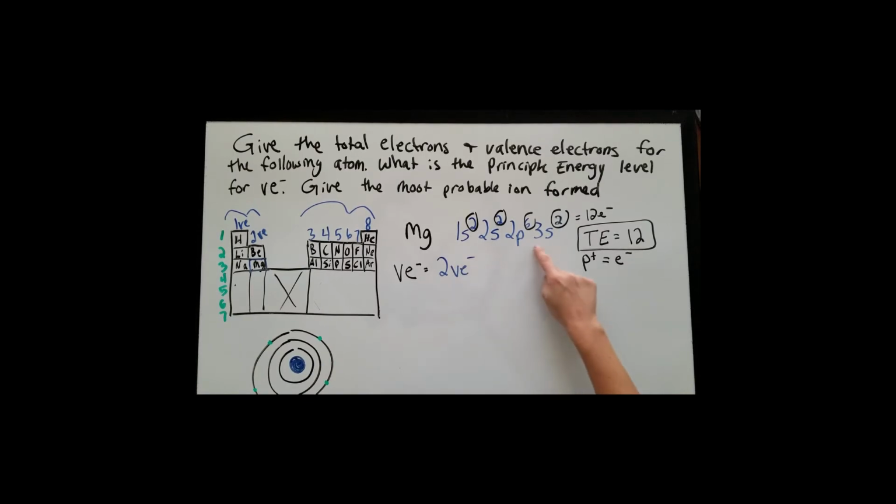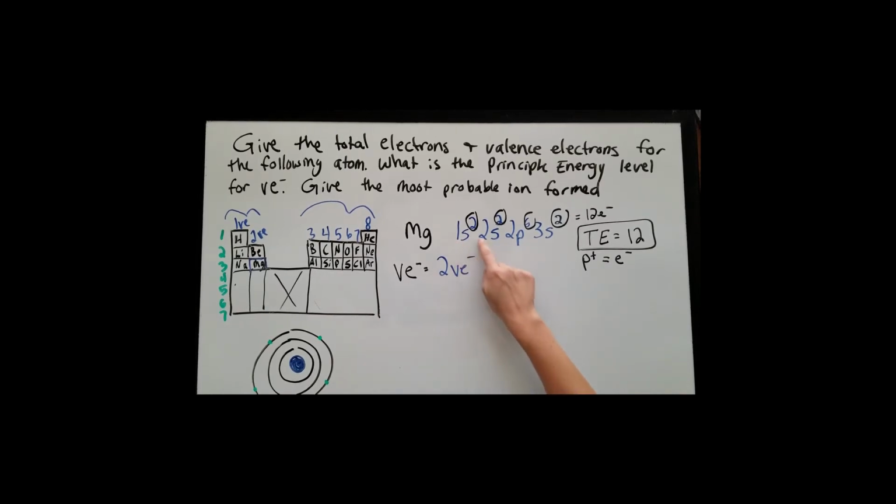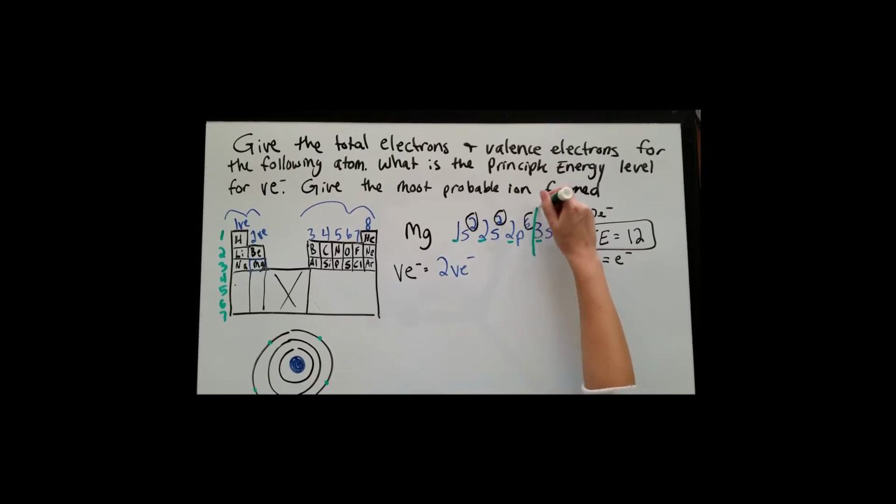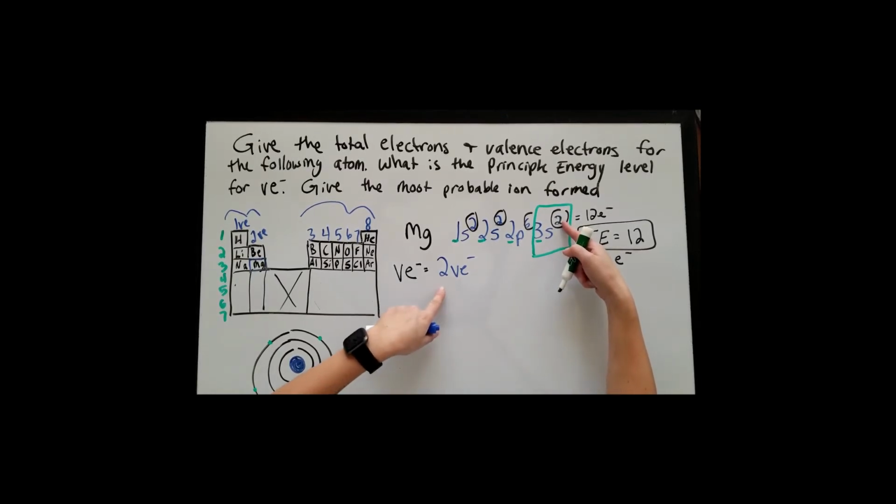So when I'm looking at the electron configuration, it would be the electrons that have the highest principal quantum number. And the principal quantum number are these numbers here. So the highest principal quantum number would be 3. And notice in the 3s shell, we have 2 valence electrons. Okay, so that matches up.